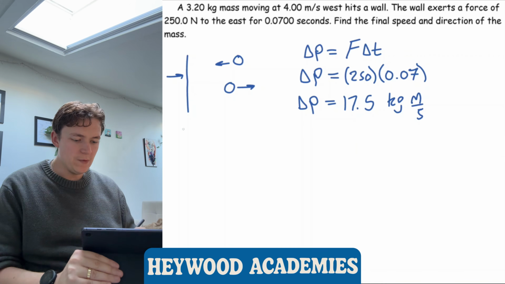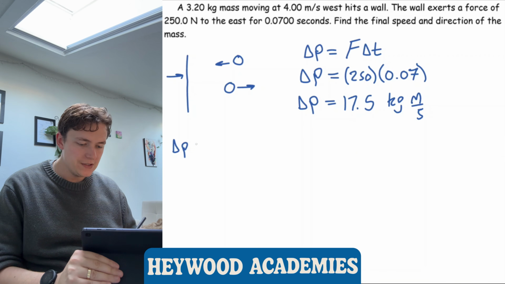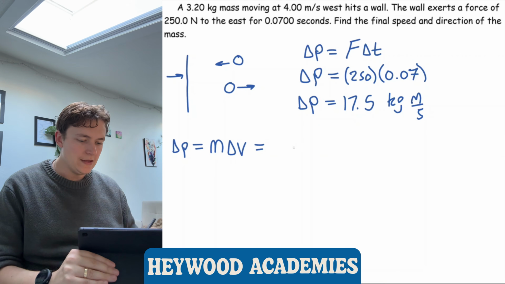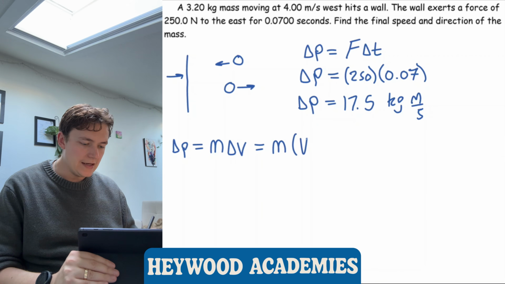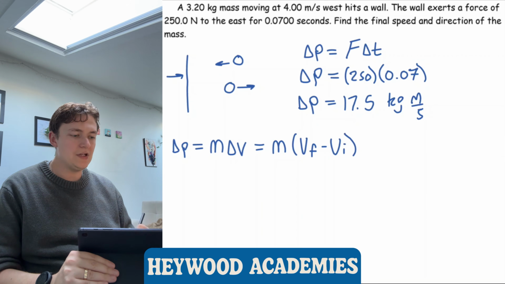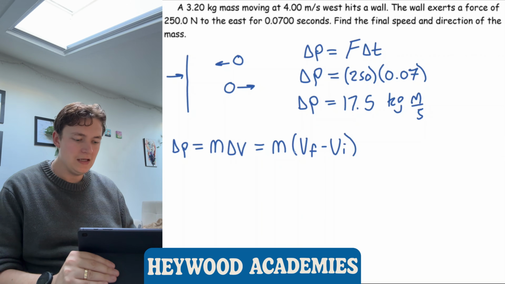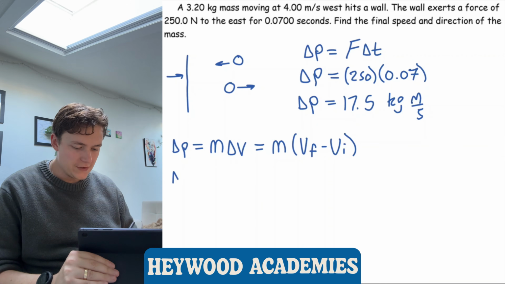So now that we've got our change in momentum, we need to write the other version of this equation, which is going to work with the mass and the velocity. So let's go mass times change in velocity, and then let's rewrite that change in velocity as v final minus v initial. Now we've got to rearrange this equation and solve for that final velocity. So the first thing that we'd want to do is divide both sides by the mass so we can bring that to the other side of the equation.